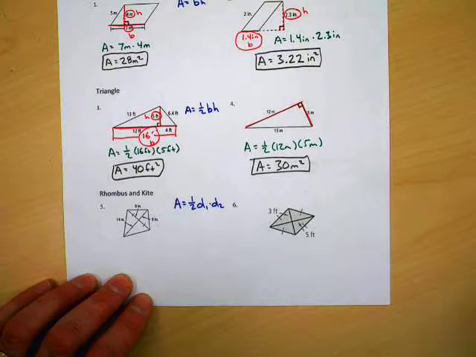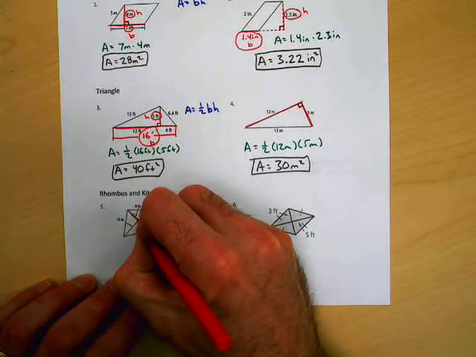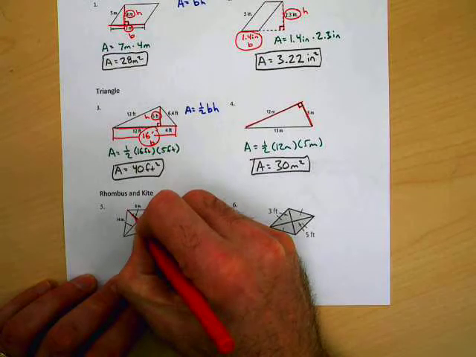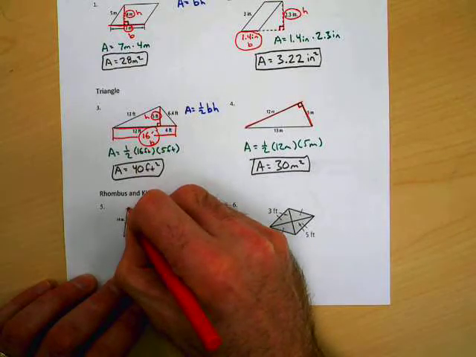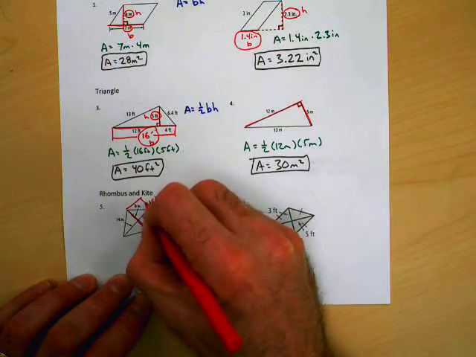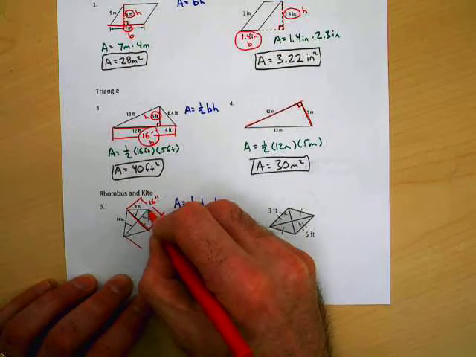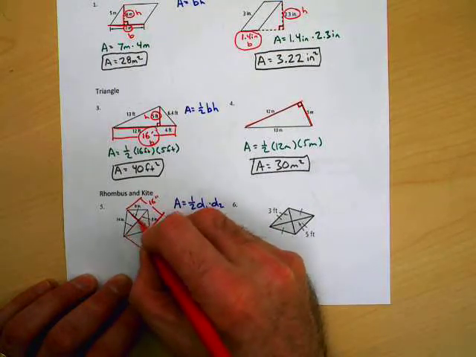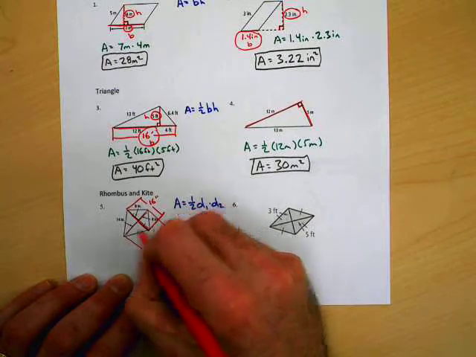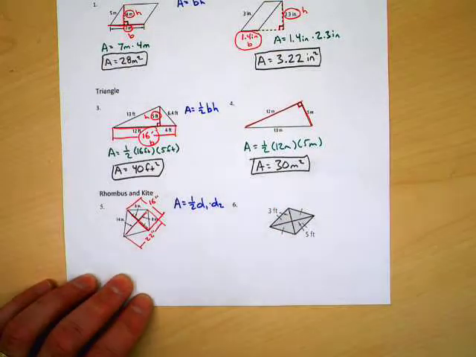In this case, pulling off the information, if this is 8 inches and this is 8 inches, that's going to make this whole thing 16 inches. And from here is 14, and this is 8, so that whole thing is going to be 22 inches. Those are my two diagonal lengths.